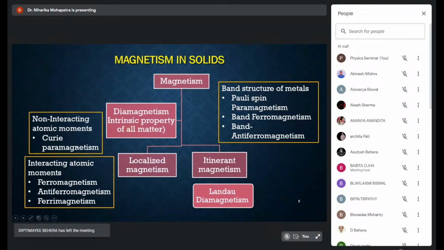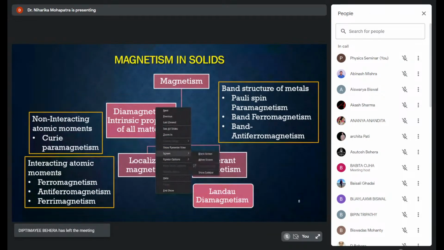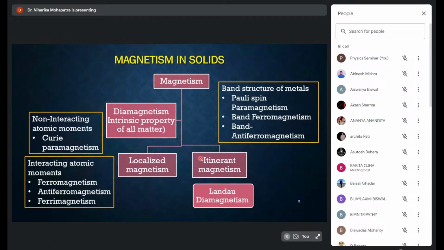Whereas the itinerant magnetism is basically the magnetism associated with the mobile electrons, which freely move like your free electrons. So this is associated with the conduction electrons.